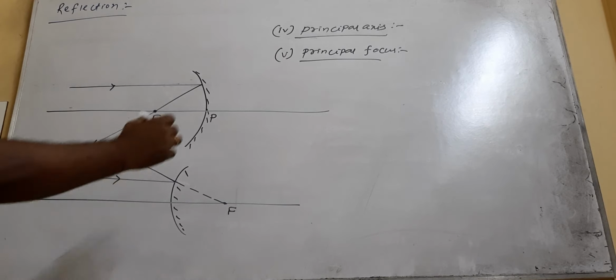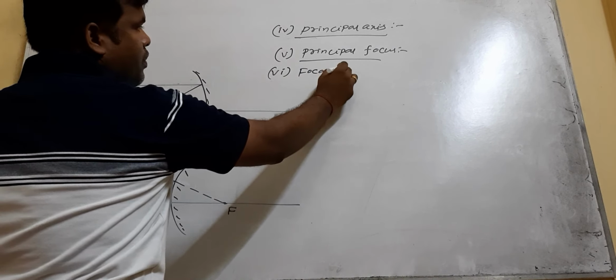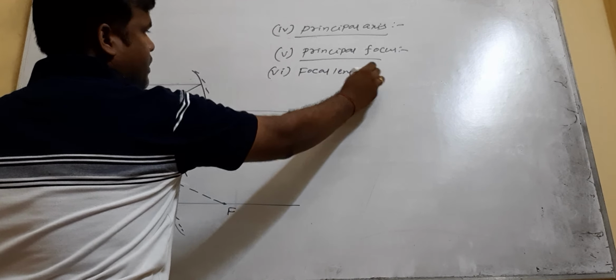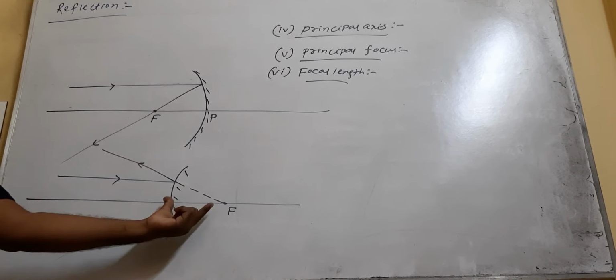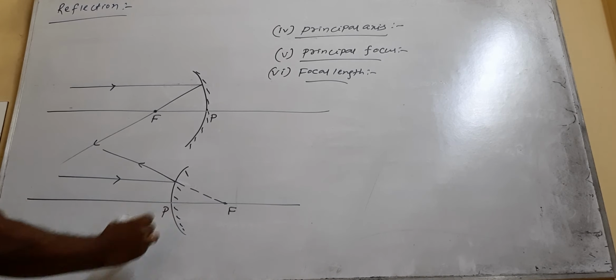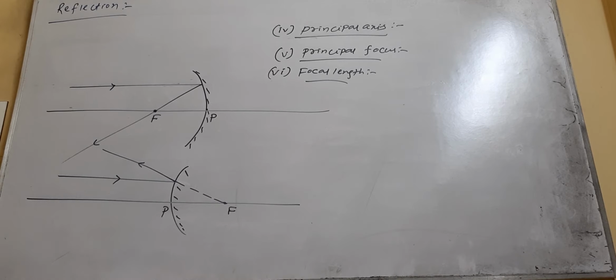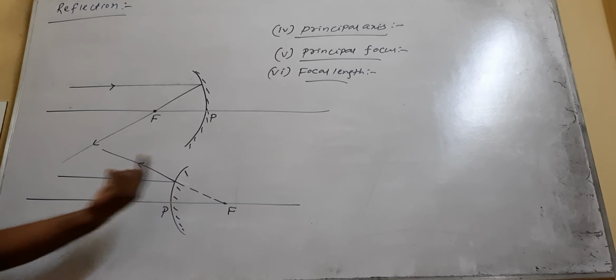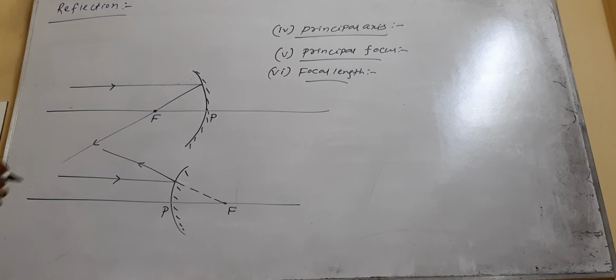Now come to focal length. What is focal length? Pole to focus, that is your focal length. This distance is your focal length, the distance between pole and focus.